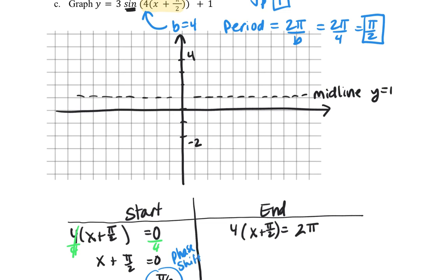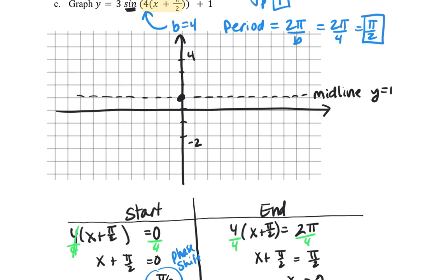Okay, and then our end, dividing through by 4, we would get x plus pi over 2 is equal to pi over 2. Subtracting pi over 2 from both sides, we get x equals 0. So that's our end.